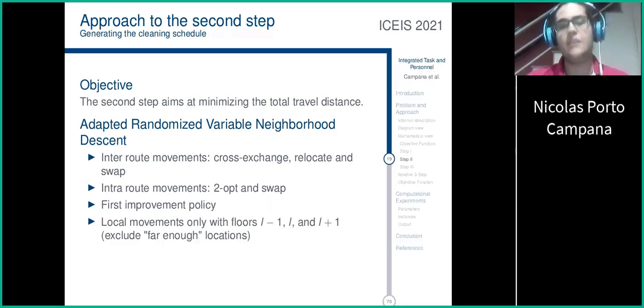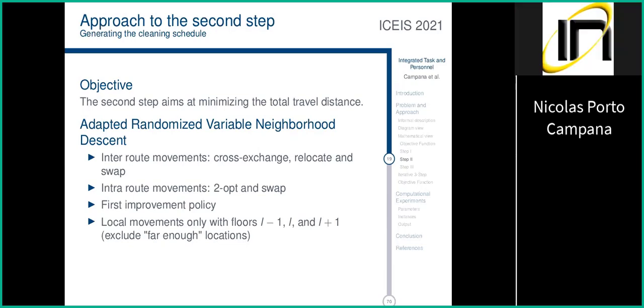Okay, local movements here means that we want to exclude far enough locations. It means that we only evaluate and try all these movements with the locations that have L-1, L, and L+1, to create a kind of interval.